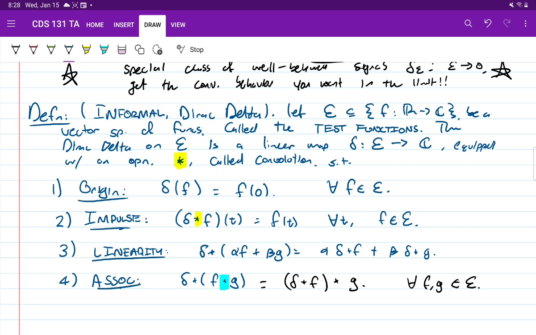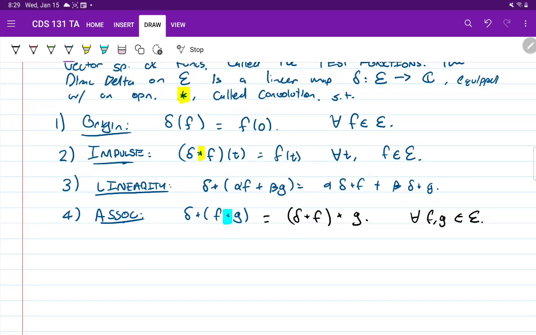So we need to look for a map on a different space. So this is a map from a space of functions called test functions into the space of values of those functions, all right? And we define a couple of basic properties that really make it behave exactly like this delta function that we want, okay? So that's all that we've done here. We've just abstracted away the properties that we want into this new map on a function space.